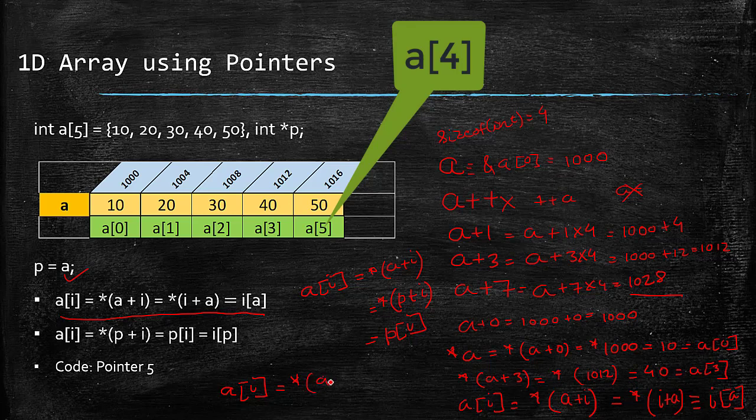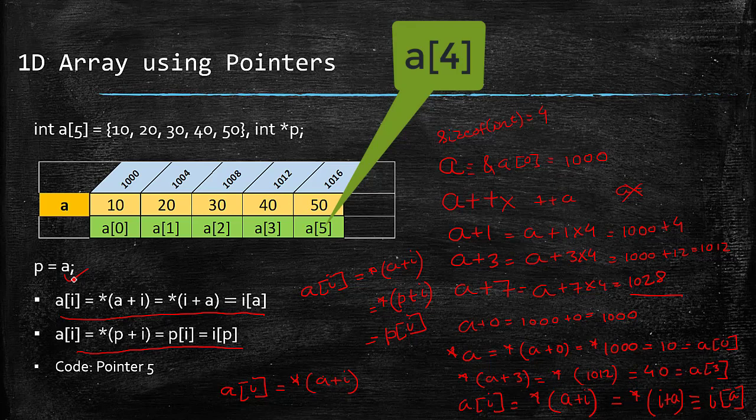That is why writing *(P plus I) is similar to writing P[I]. So this notation is also possible when P has the same address as the base address of an array. Now, what is the advantage of using a pointer which can hold the address of an array?